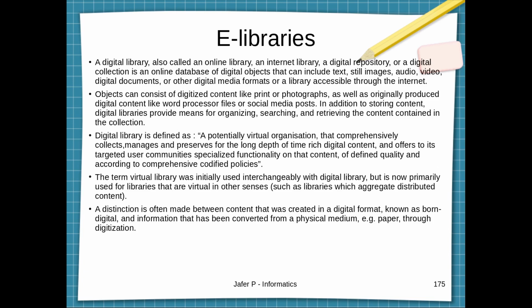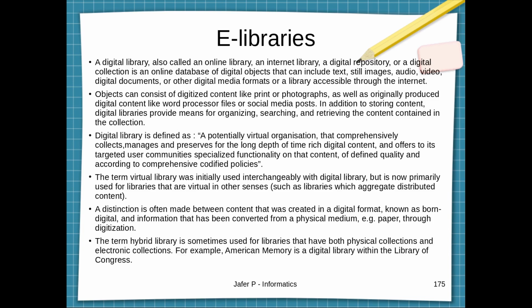That is information that has been converted from physical media, paper, through digitization. So there are two kinds of information available in e-libraries. The information can be created in digital format. The other kind is you can scan physical books and store them on the internet so that you can view them.